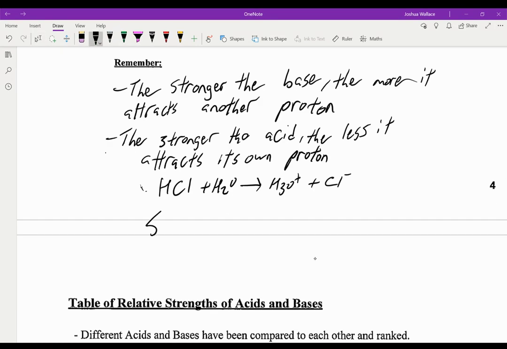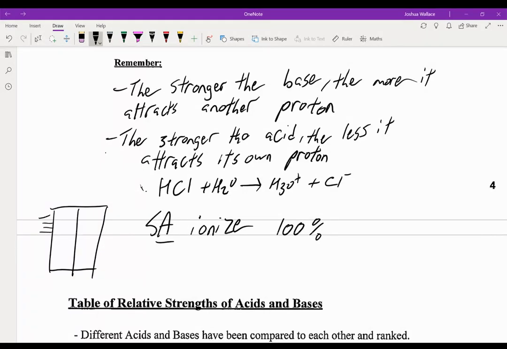Quick note, strong acids ionize 100%. Those are the top 6 acids on your acid base table. So your acid base table looks something like this.